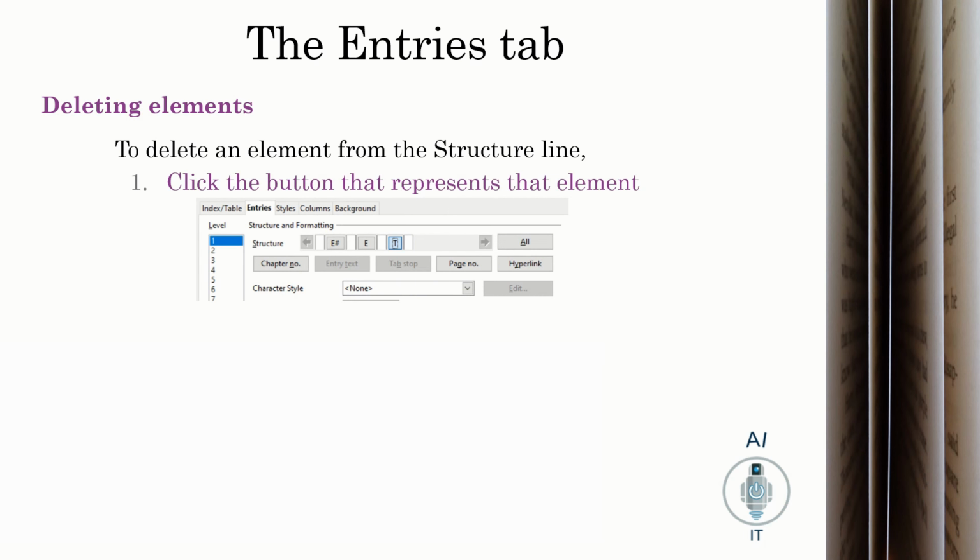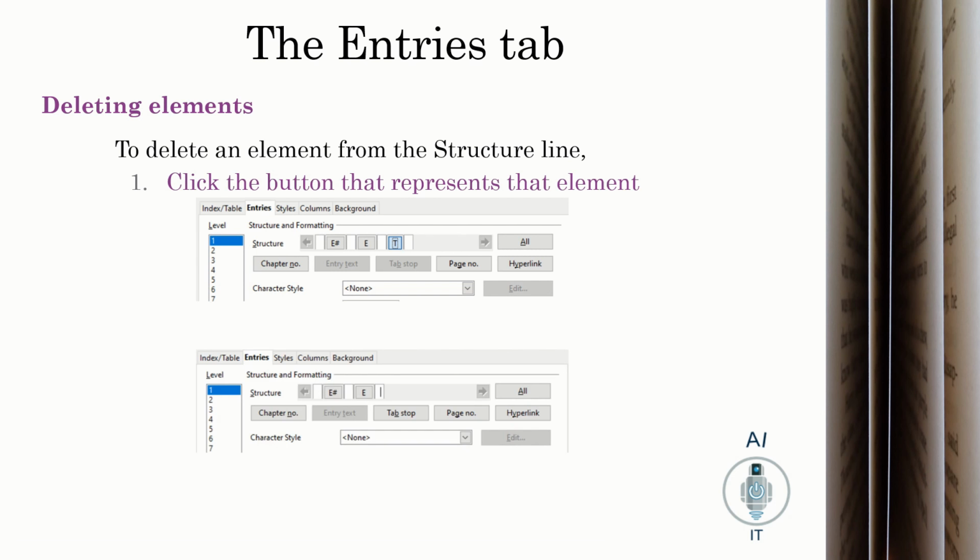We can first learn how to delete the elements in it and then see how to add elements in it. So if I want to delete an element, I simply have to click on that particular level and one of the element in that heading and press the delete key on the keyboard.